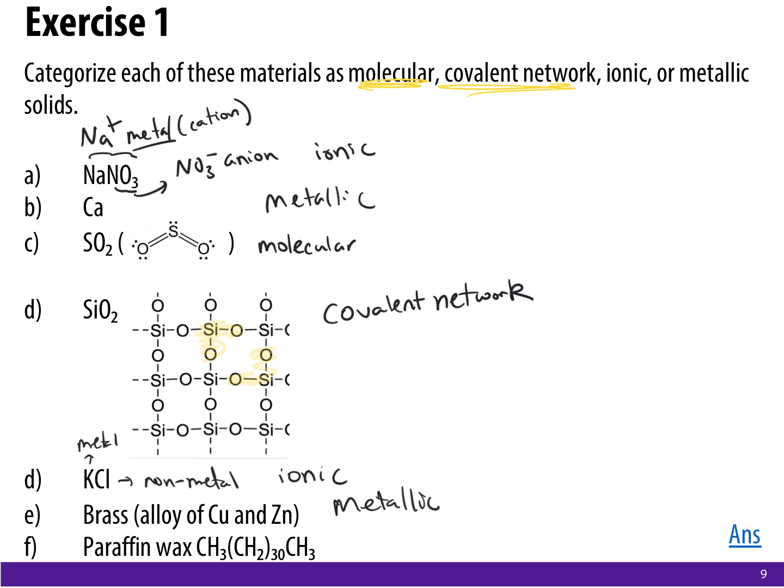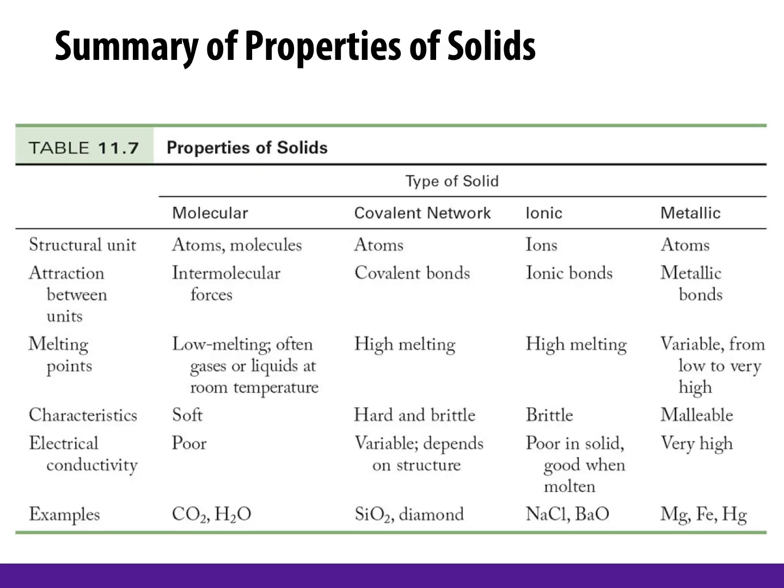We can say we've got a single paraffin wax molecule, and then we can put another one next to it and keep lining up paraffin wax molecules in all sorts of different places. Again, it's attractions between these paraffin wax molecules that give rise to the properties and forces. So this is molecular.